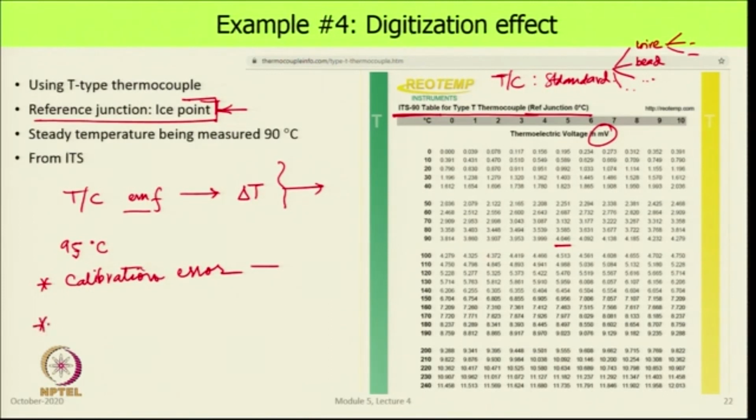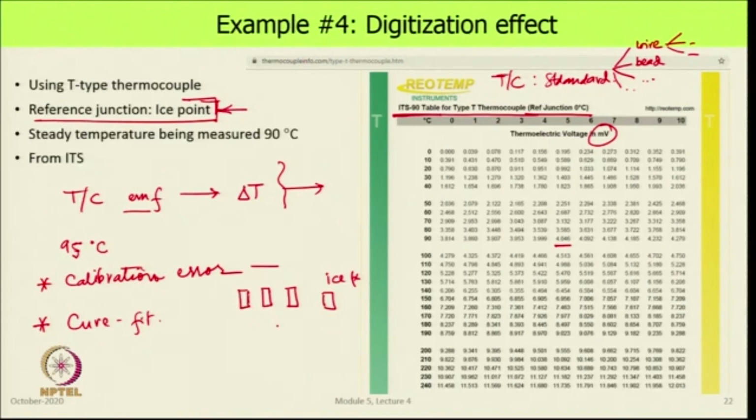The other thing that we could do is we take our thermocouple and with whatever we have, we make a curve fit. So, we take our thermocouple, we make two reference junction temperatures. One is of course ice point, and then we use say the boiling point of water and the boiling point of alcohol or some other material.